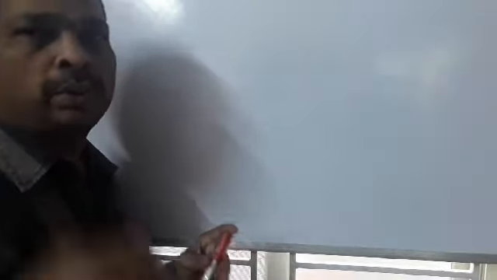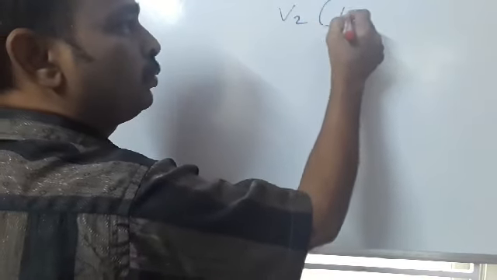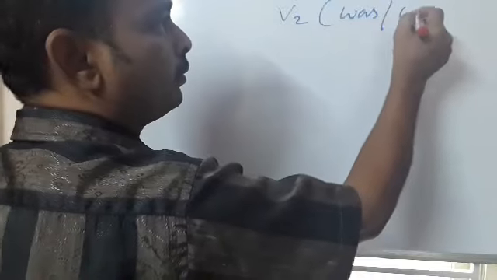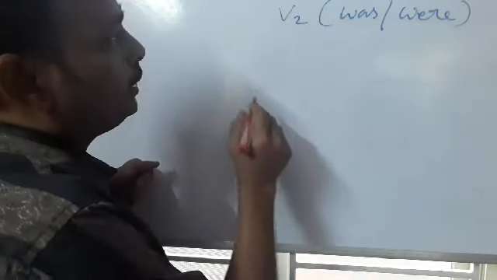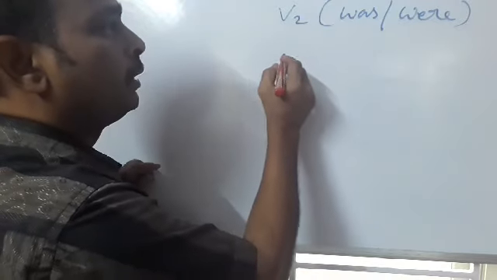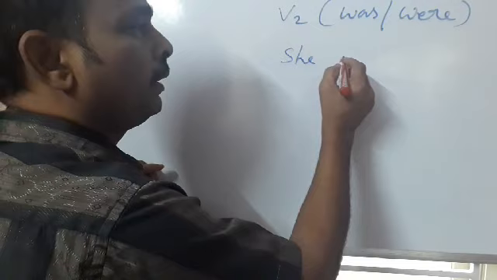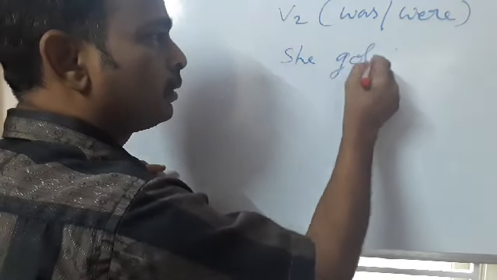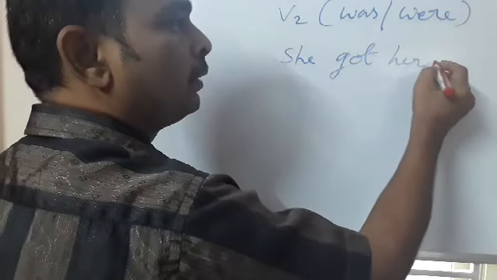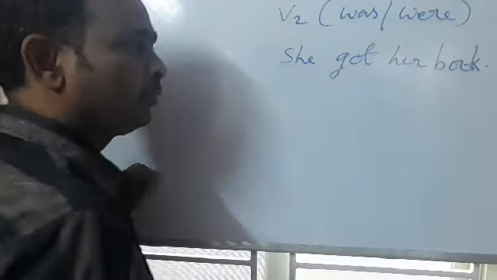With verb 2, let us see. So you know verb 2. For verb 2, was or were. See here, he or she got her book. She got her book.